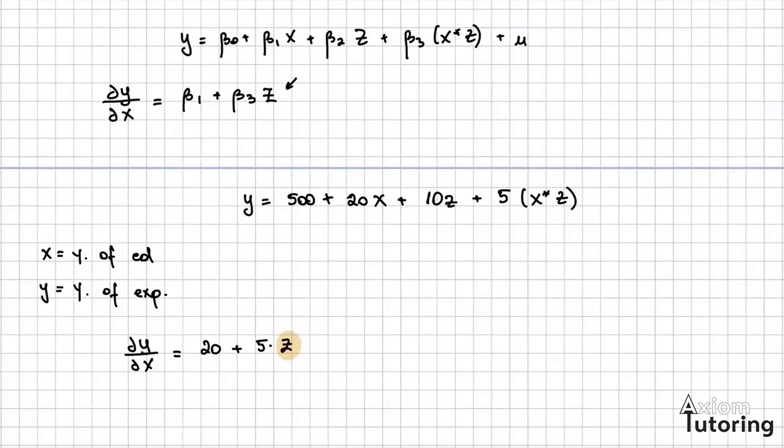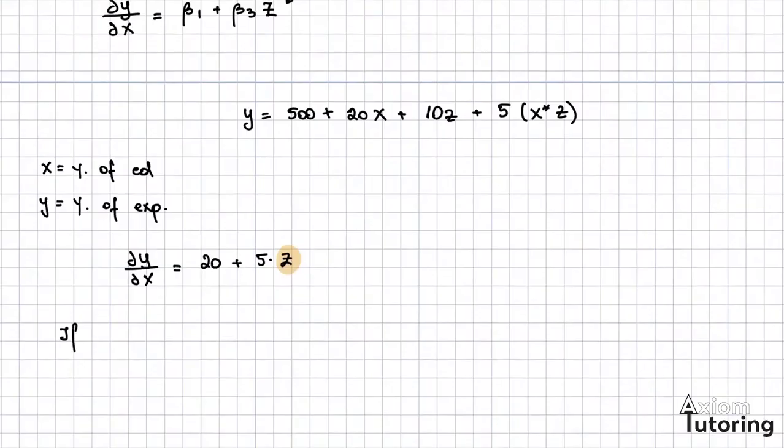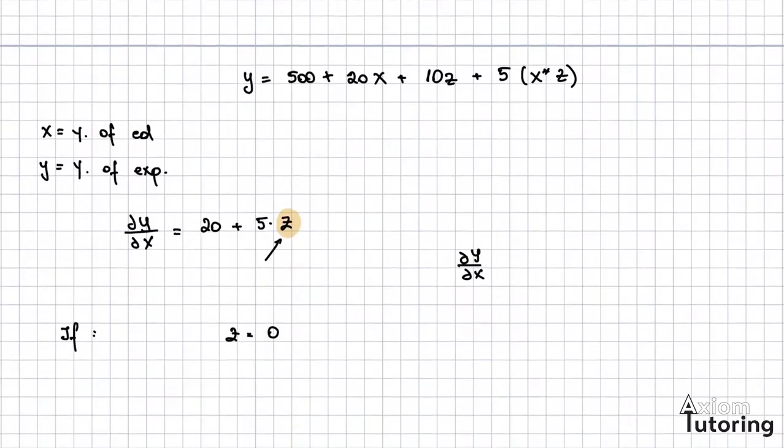Now, let's evaluate this at different values of z. So for instance, if we had z equal to 0, by simply substituting it in this derivative, so I'll put this delta y over delta x in here, we have that when z is equal to 0, this derivative is simply 20, because it becomes 20 plus 5 times 0.